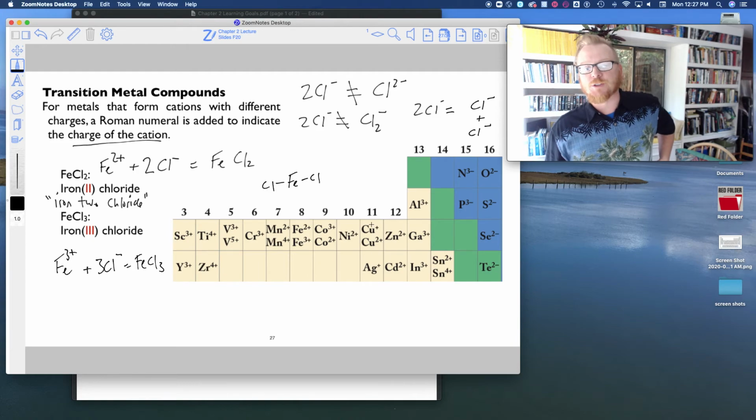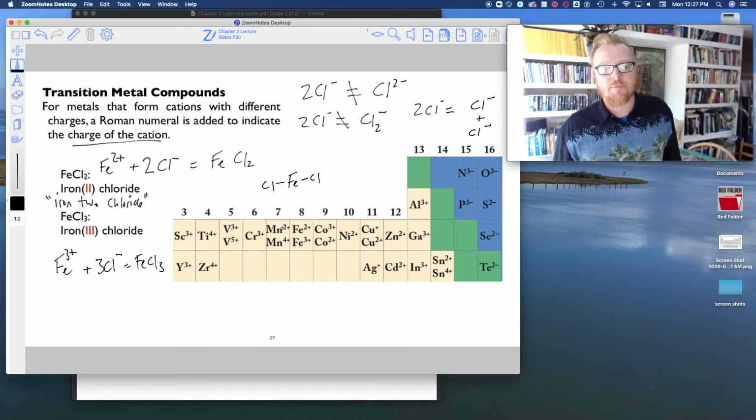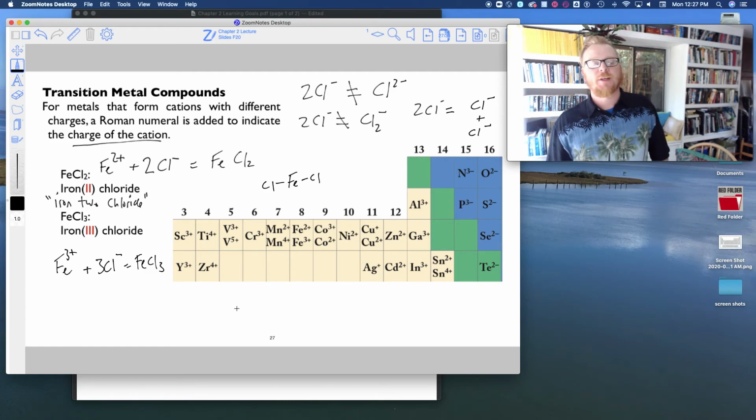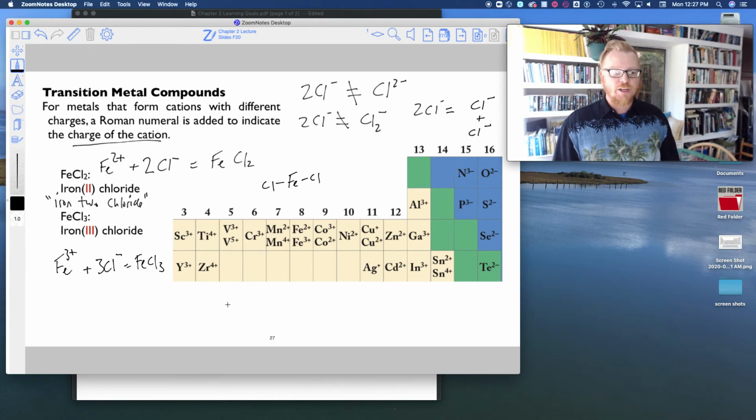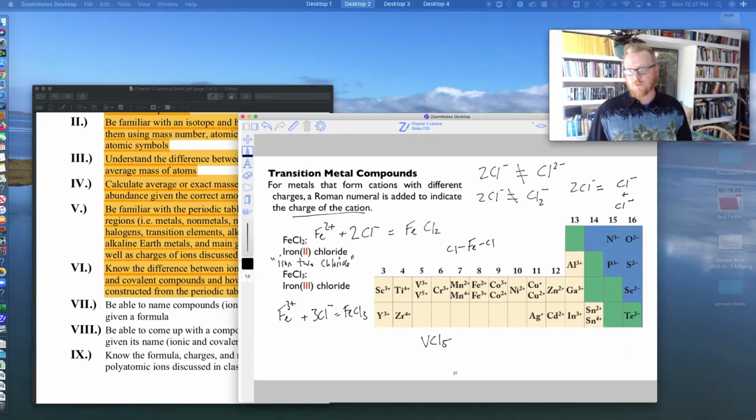So keep that in mind. Look, there's copper 1 and copper 2. There's manganese 2 and manganese 4. There's vanadium 3 and vanadium 5. So we kind of have to use information about our formula to know what charge we have. So for example, suppose I gave you this formula right here, VCl5, and I asked you to name the compound, okay?